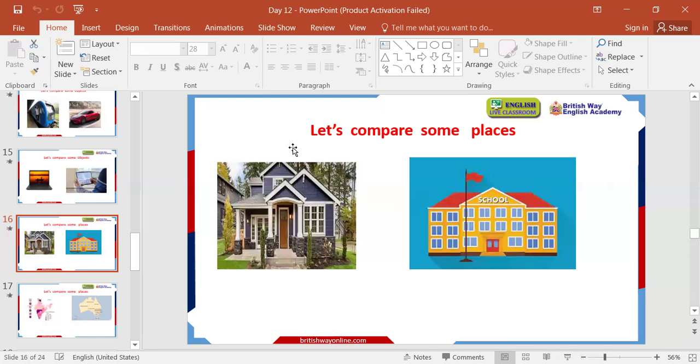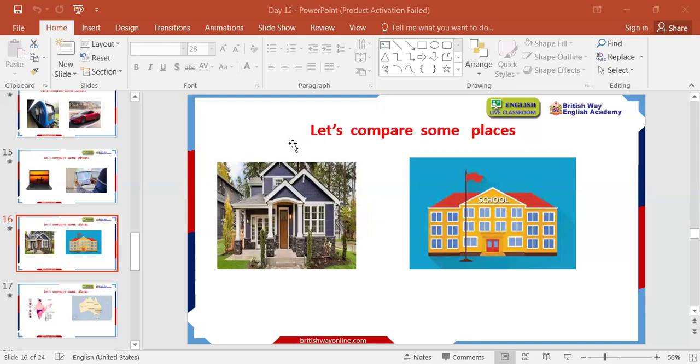The school has more rules than house. The house is more peaceful than school. The house is happier than school.